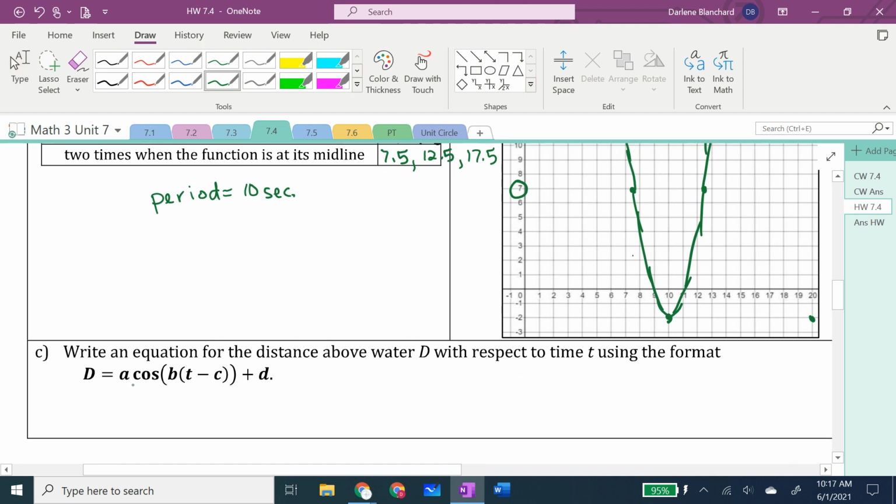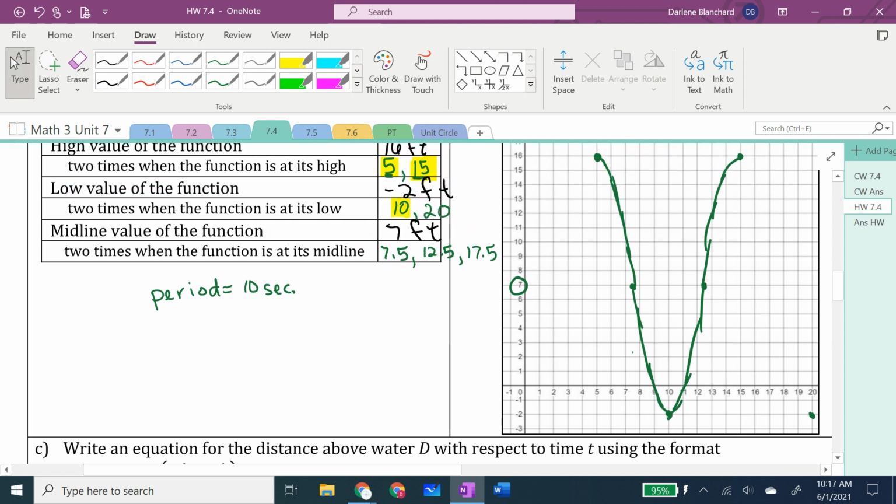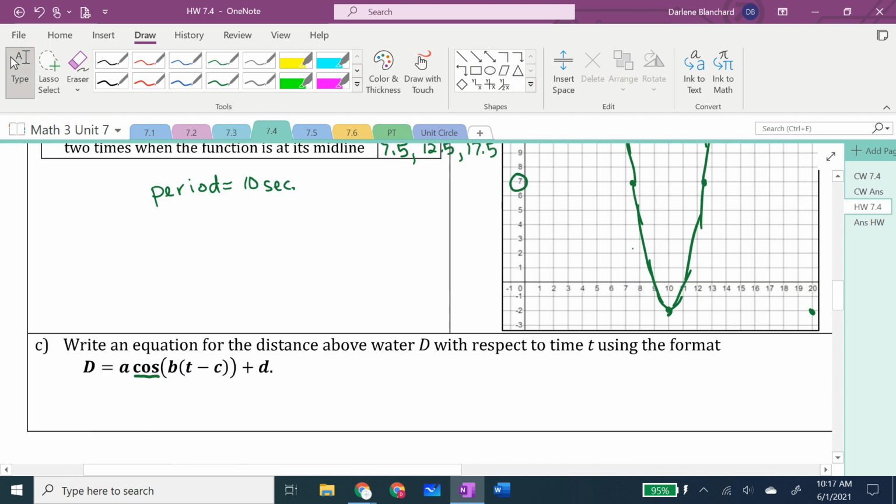For writing an equation, we're going to want to write a cosine equation. With a cosine equation, I want to look at when am I at a highest or lowest point. If I choose a time when I'm at my highest point, then I will have my A being a positive number.